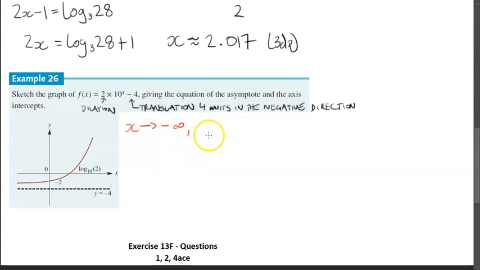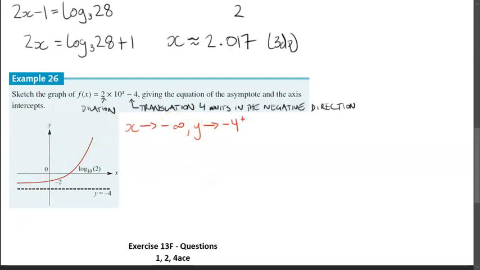So as x approaches negative infinity, y approaches negative 4. Remember, this is coming from the positive direction, because it's above the y equals negative 4 asymptote. So just remember that little plus. If there was an inversion of some sort, it would come from the negative direction, but because it's a standard exponential, it comes from the positive direction.